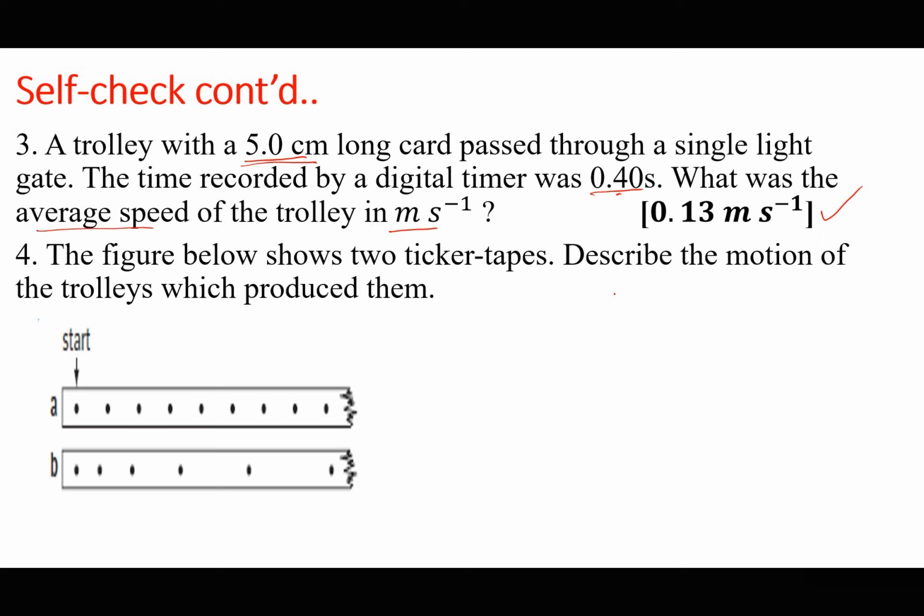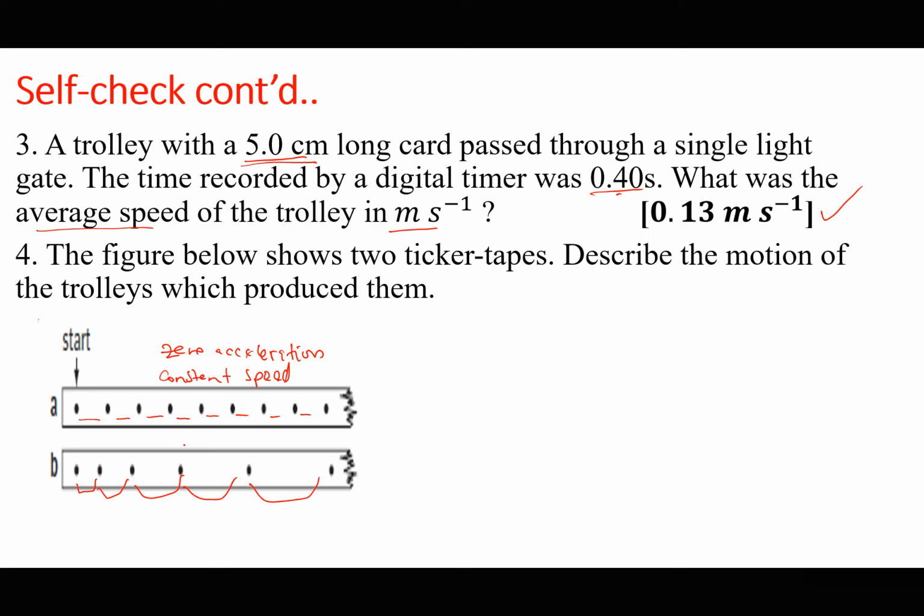The figure below shows two ticker tapes describing the motion of the trolley which produced them. So here we see that the distance between the dots is constant. So here we can say this is moving at a constant speed, or you can say zero acceleration. Of course, constant speed means no acceleration. Then here we see that the distance between the dots is increasing.